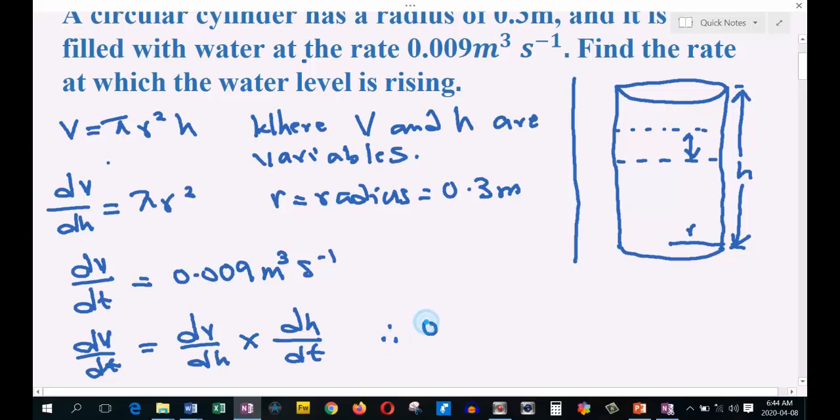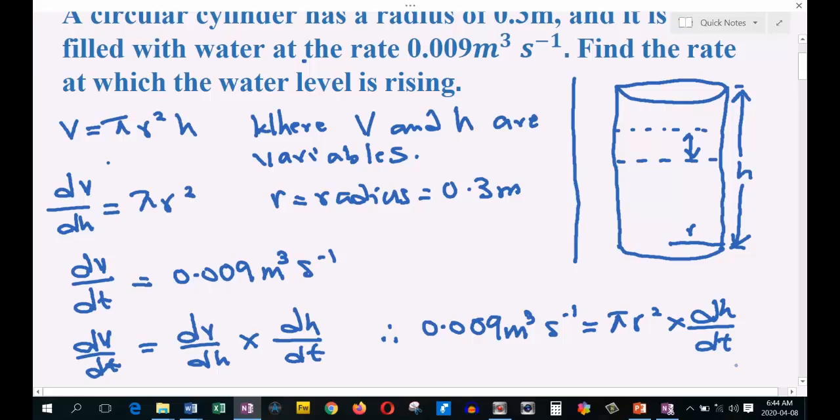So we say 0.009 meter cubed per second is equal to pi r squared times dH/dt.